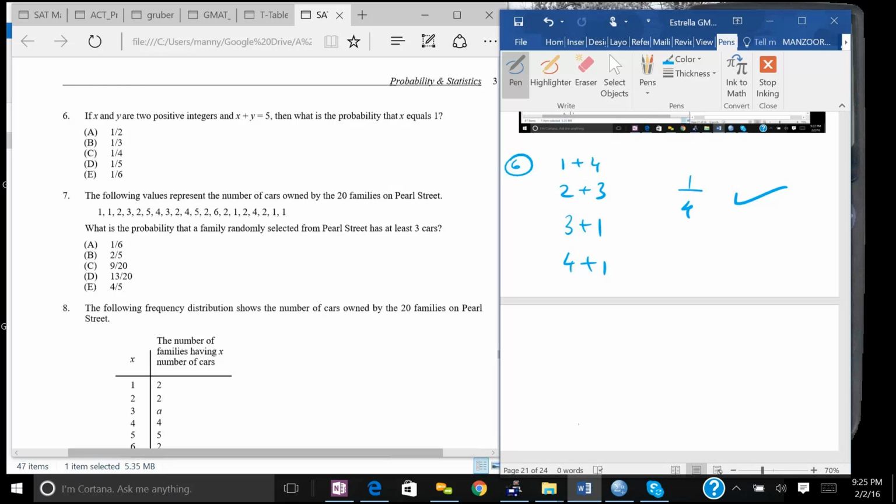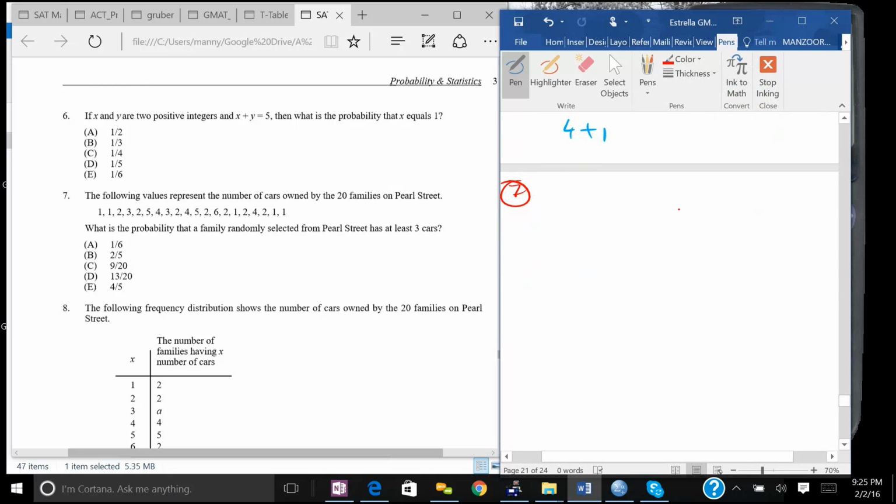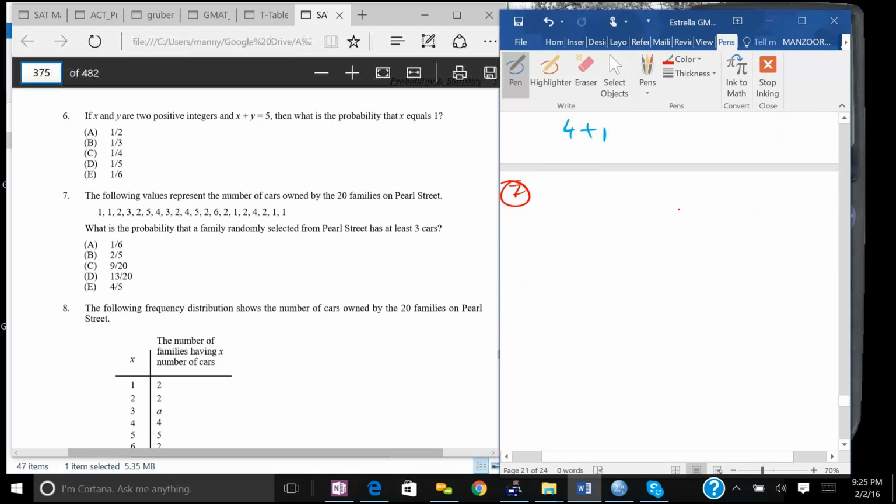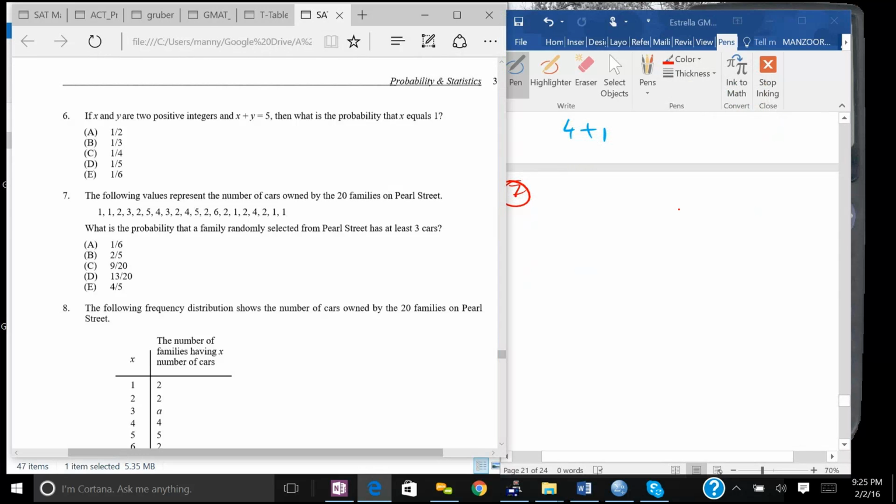I don't know this one. Okay, now look. How many of these cars have 3 or more? 1, 2, 3, 4, 5, 6, 7, 8.